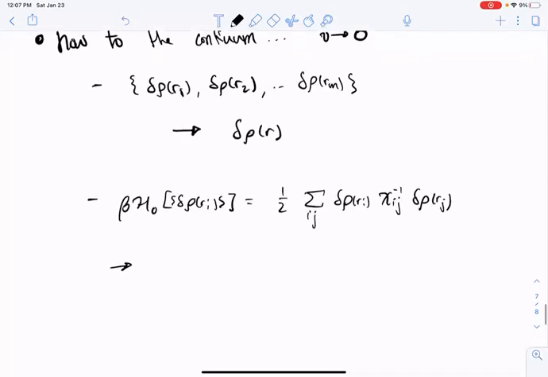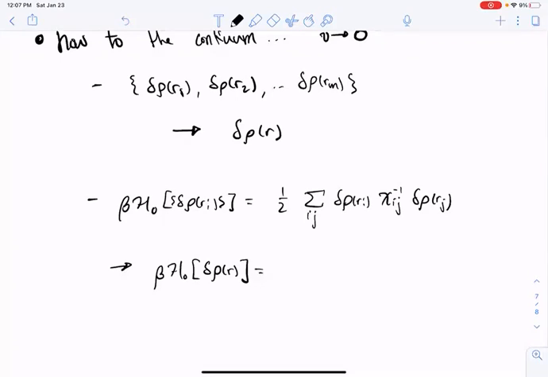Well, in the limit that there's an infinite number of components, the discrete sum is going to become an integral. And the function on the vector space with a discrete number of components becomes a functional of the function rho of r.